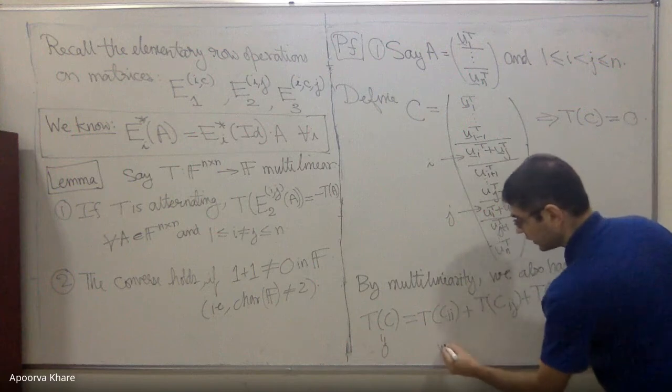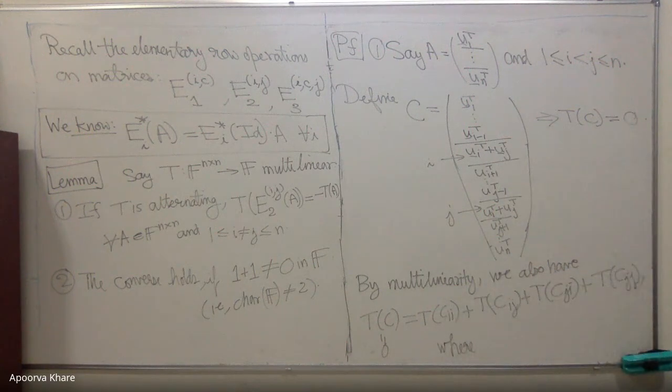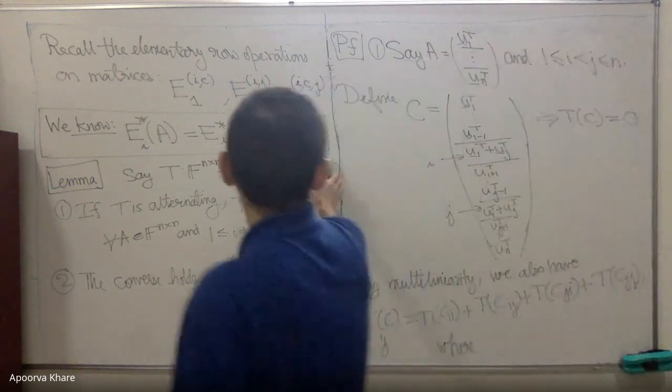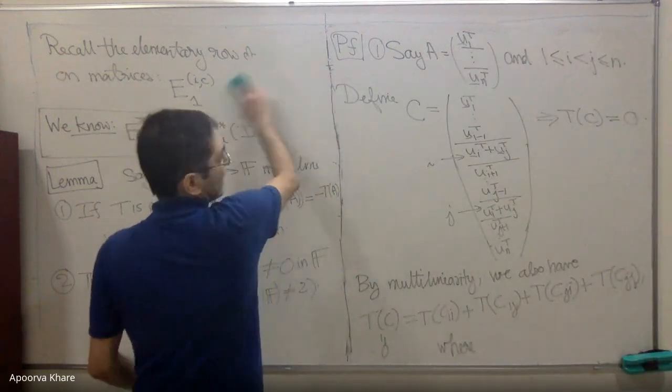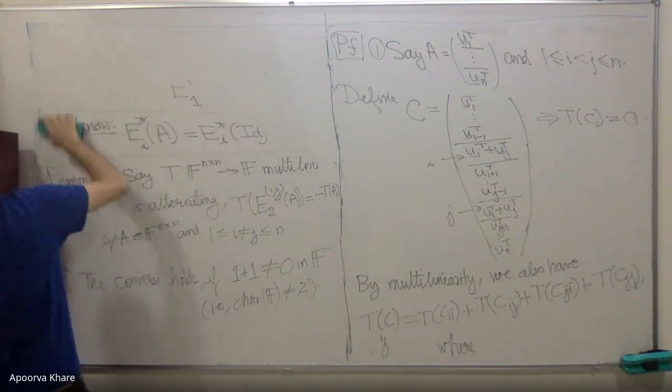Where, of course, I need to tell you what these four matrices are. So I'll say that on the next board. But you know exactly what they are. They are the ones where you choose the rows only one term at a time.